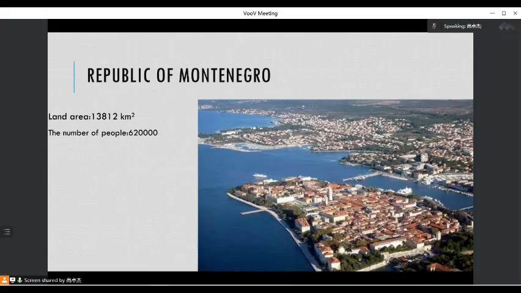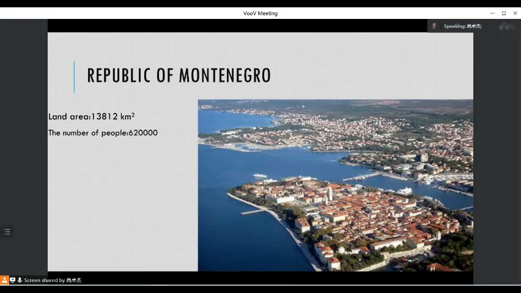Xuzhou is 11 thousand square kilometers. But let's look at its population, which is only 620,000. But Xuzhou has 9 million people. The total population of Xuzhou is more than 14 times that of the Republic of Montenegro.